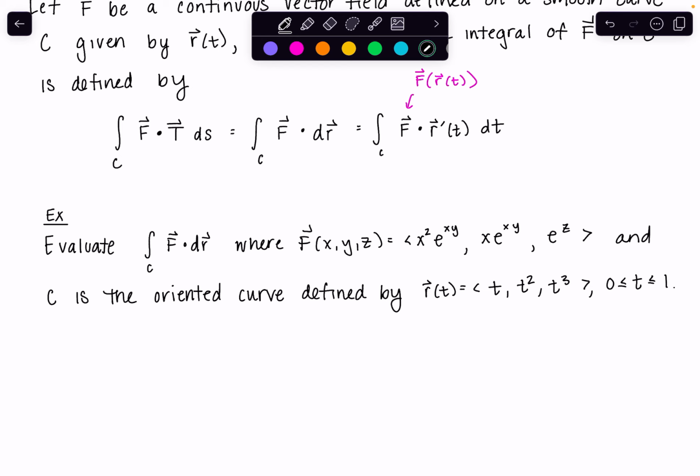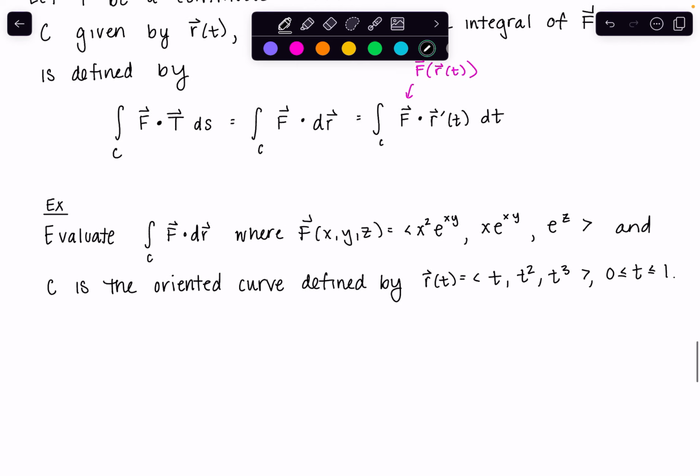Oriented just means it's traced out in one direction, as the direction does matter. If you think about the work, if you walk forward and then walk backwards in a different direction, then you're doing opposite work, because in one direction maybe the wind is pushing you, so you're not doing anything, but when you're walking against it, it's the opposite. Okay.